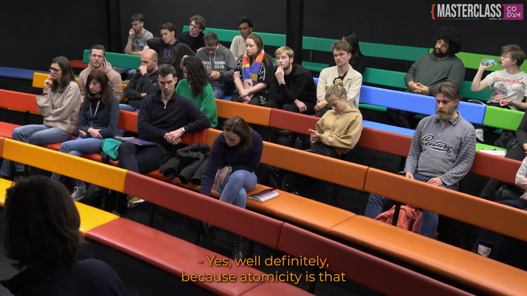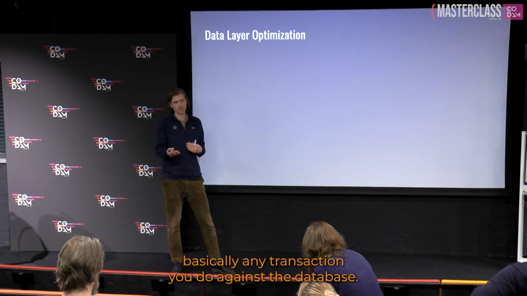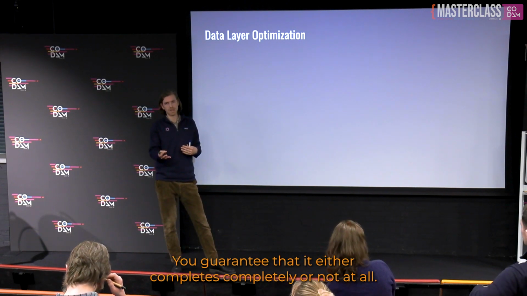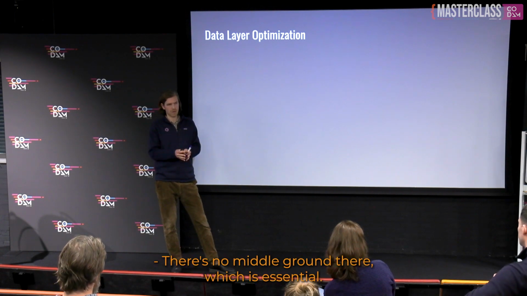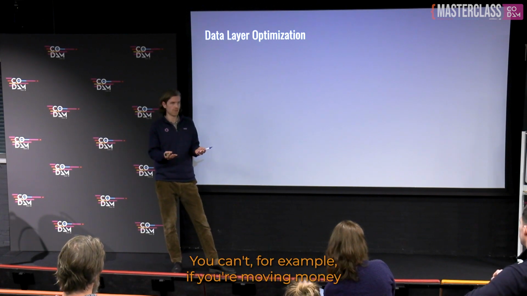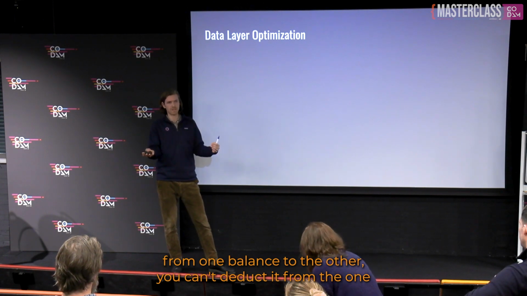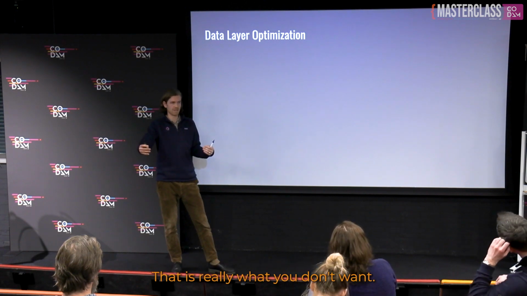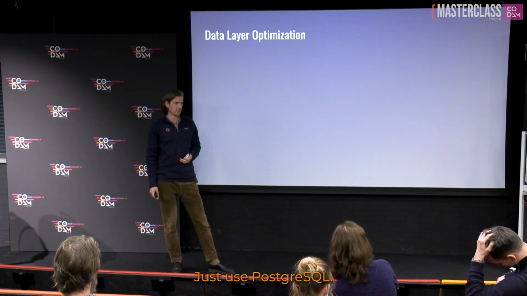Yeah, definitely, right? Because atomicity is that any transaction you do against the database, you guarantee that it either completes completely or not at all. There's no middle ground there, which is essential. If you're moving money from one balance to the other, you can't deduct it from the one, and then it fails and you didn't put it in the other. That is really what you don't want. So how do you pick a database? Just use Postgres.